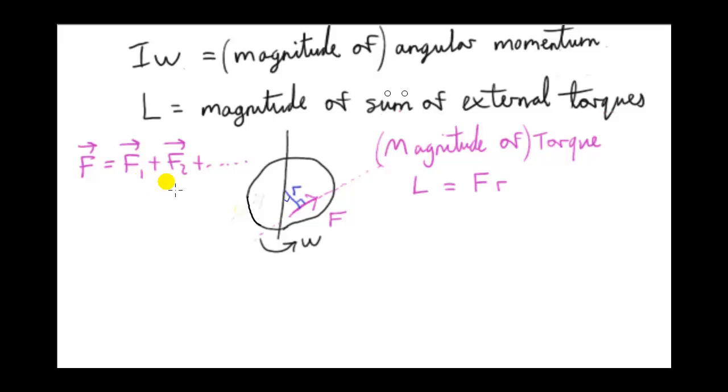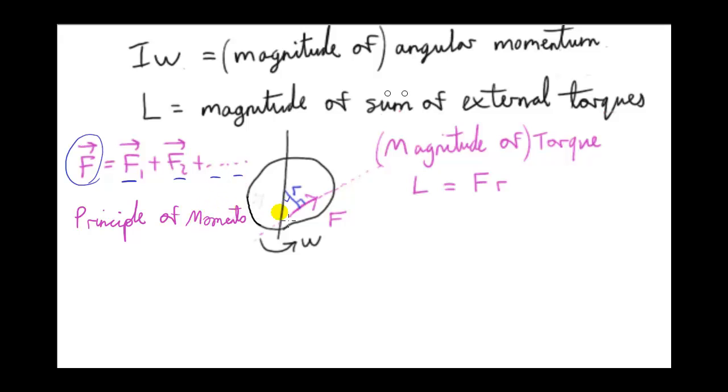We need to consider the possibility that there are more than one torques acting on the body. So imagine several forces acting on the body, F1, F2, etc. F is the resultant of those forces acting on the body. We would have to apply the principle of moments to get the torque of the resultant force acting on the body. So that's something we saw in the statics section. As a reminder, the principle of moments tells us that the moment of the resultant force F on the body is the sum of the moments of all the constituent forces acting on the body.